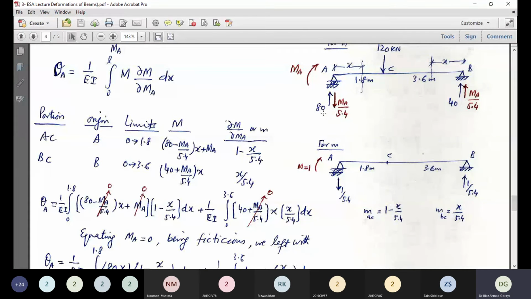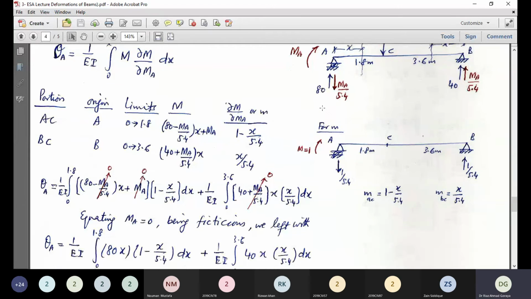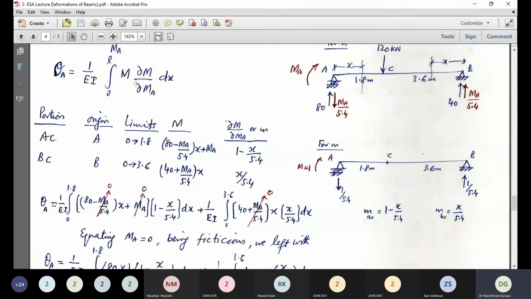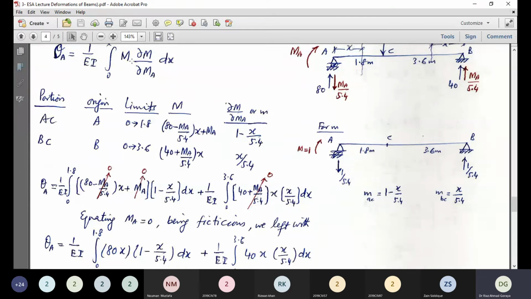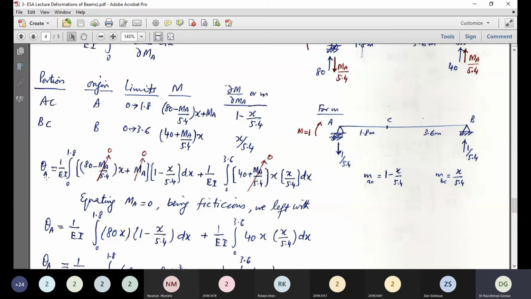जी, anybody else? Now what next to do? Just put in the equation, in this equation for portion AC and portion BC. So theta A is 1 over EI integral 0 to 1.8, 80 minus MA over 5.4 into X plus MA, ये हमारी M की वैल्यू आ गई, into 1 minus x over 5.4, आगे partial M over partial MA, into dx.